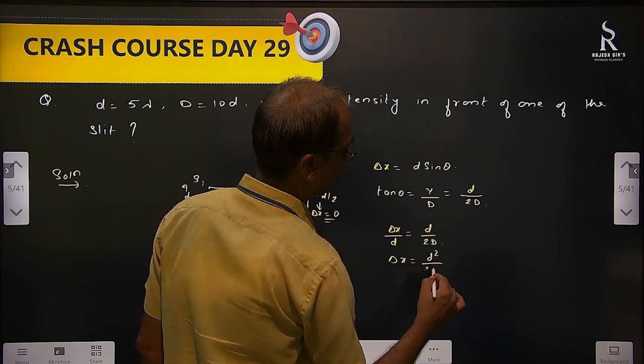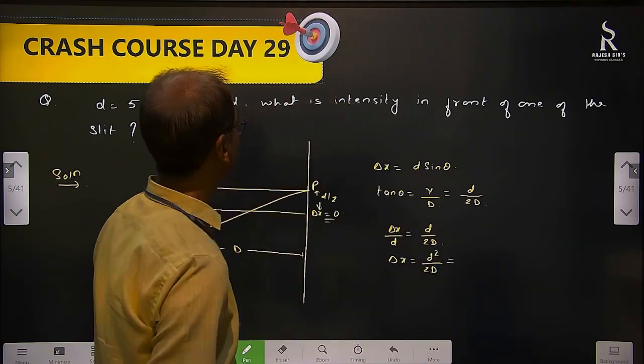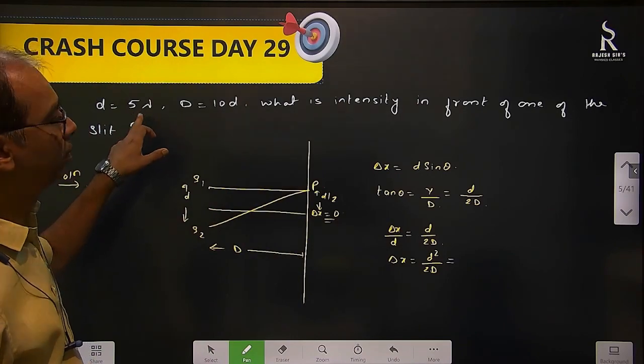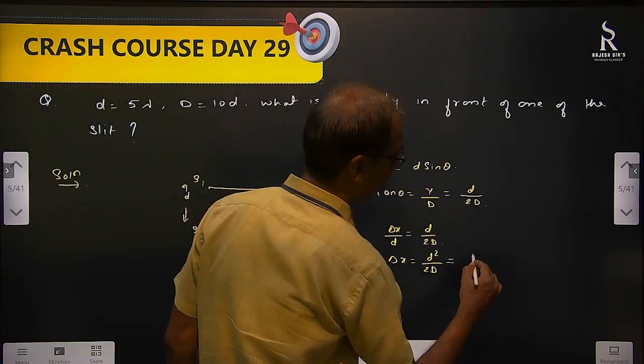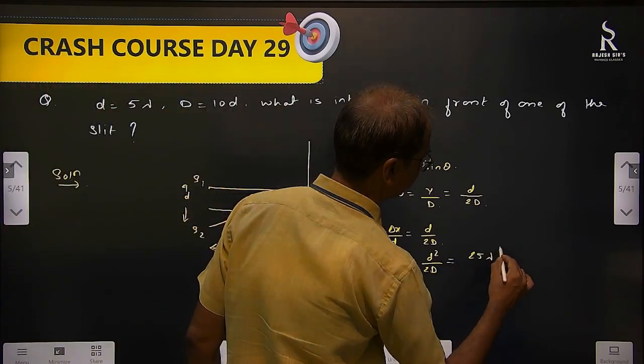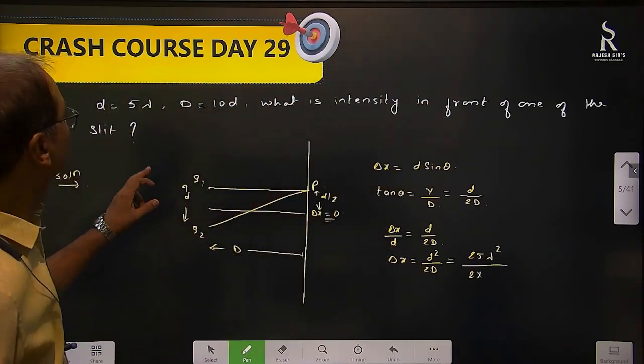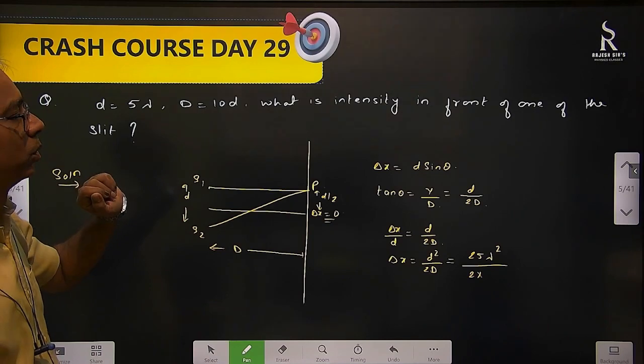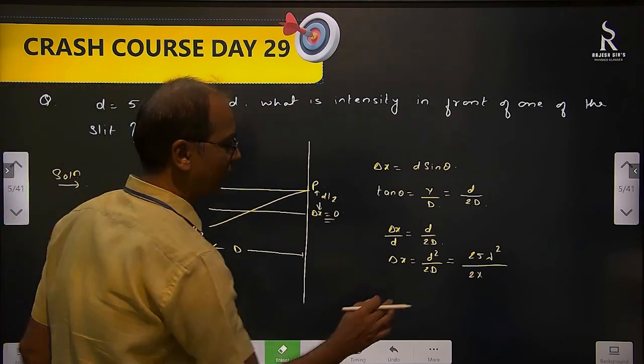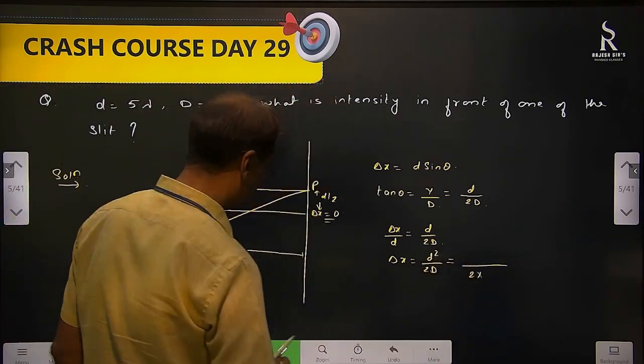Now let's put the value and see what it is. What is small d? Small d is 5 lambda, so this will become 25 lambda square by 2 into 10d. Instead of putting it right now, let's keep it as d square.